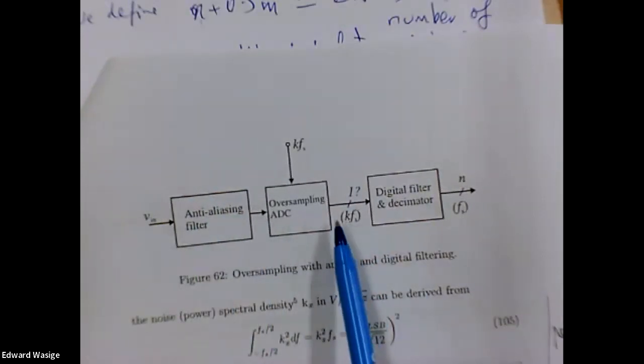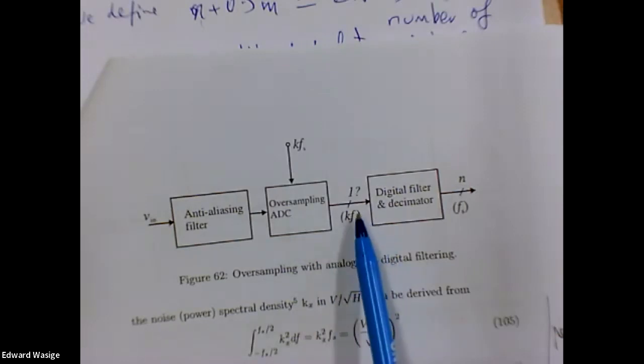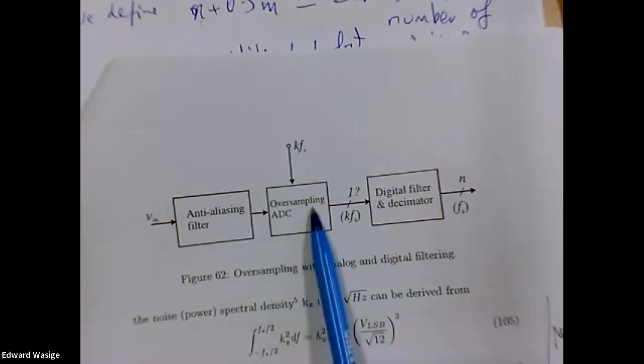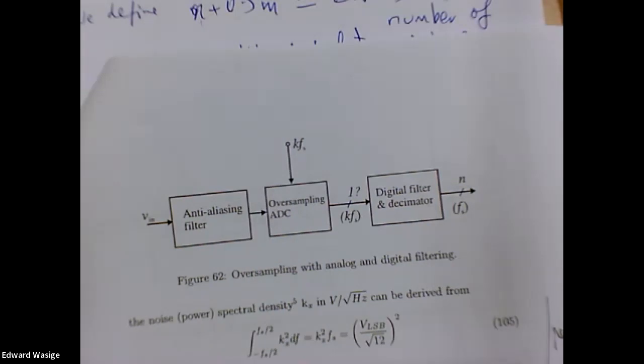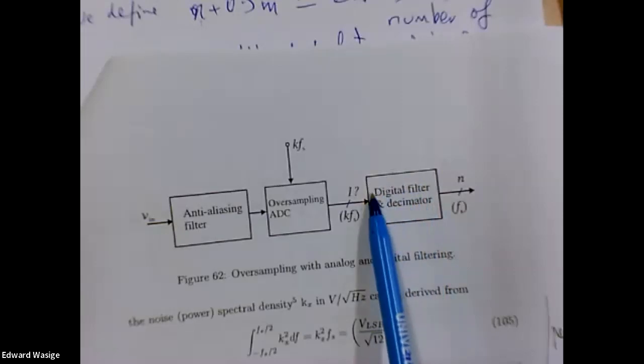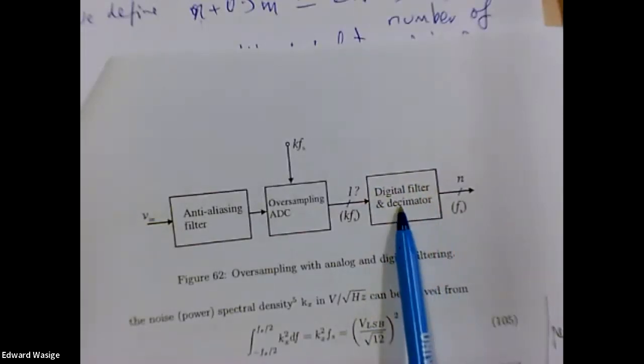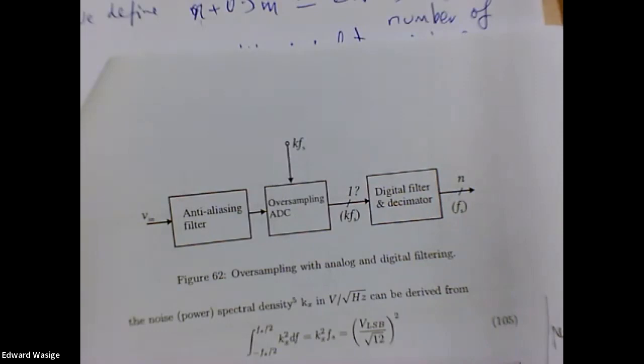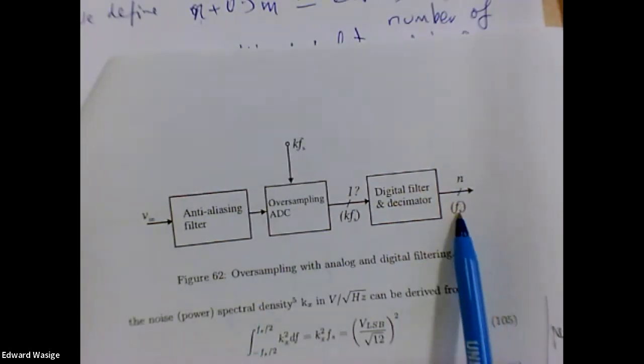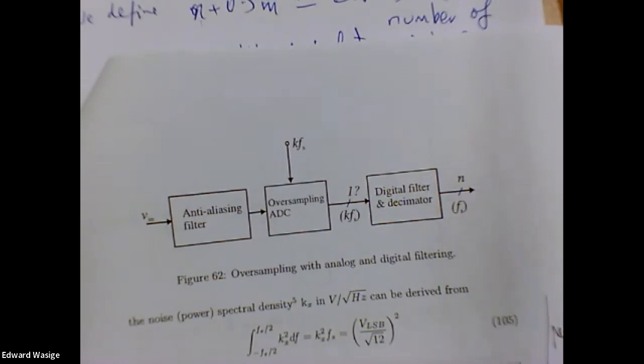We really don't need that, but we show it here for completeness. And when we oversample, we create extra bits through the oversampling process. And once we've done that, we can just consider the signal that's within our bandwidth of interest, so up to fs. This is just for mathematical analysis to get a figure of merit. So we know our actual signal exists up to fs/2, but we can use up to fs for this.